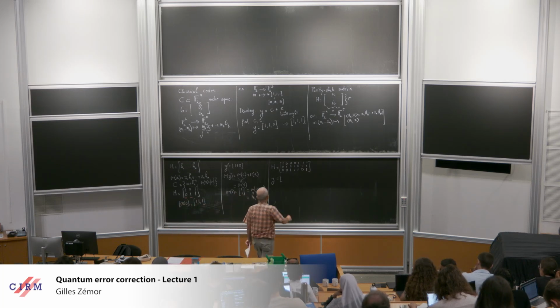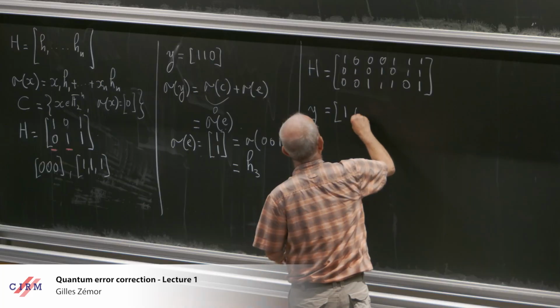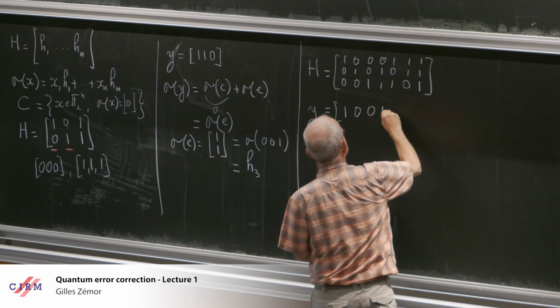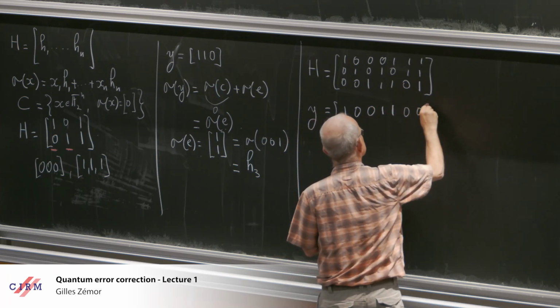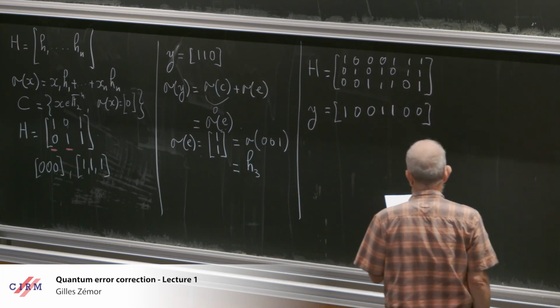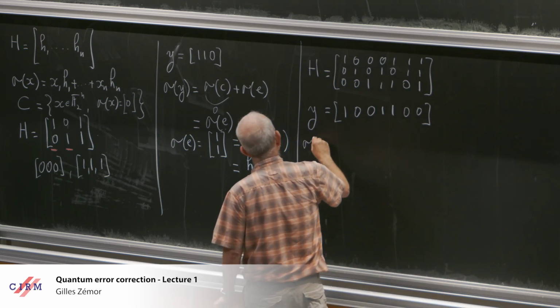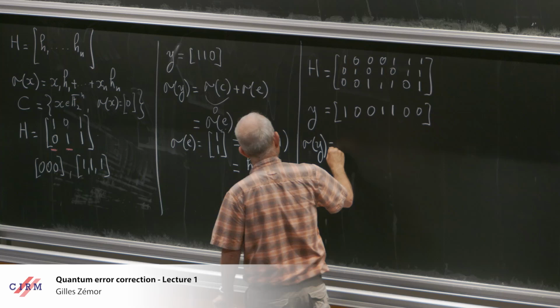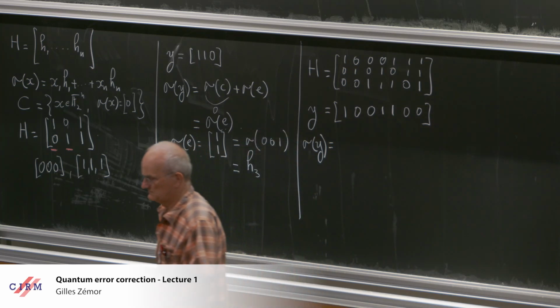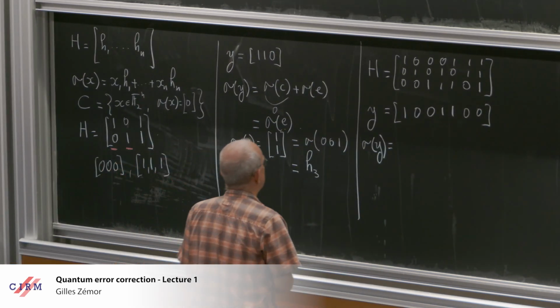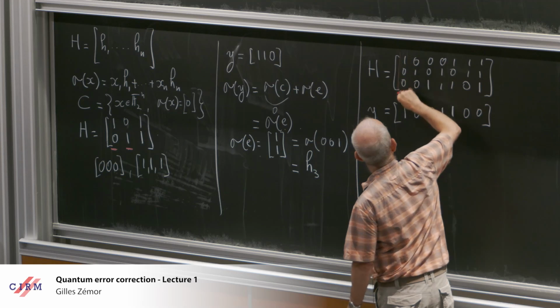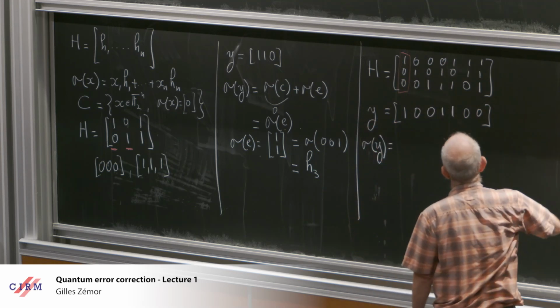So for example, suppose you receive this vector. So what you do, compute the syndrome of y, and what does it mean?